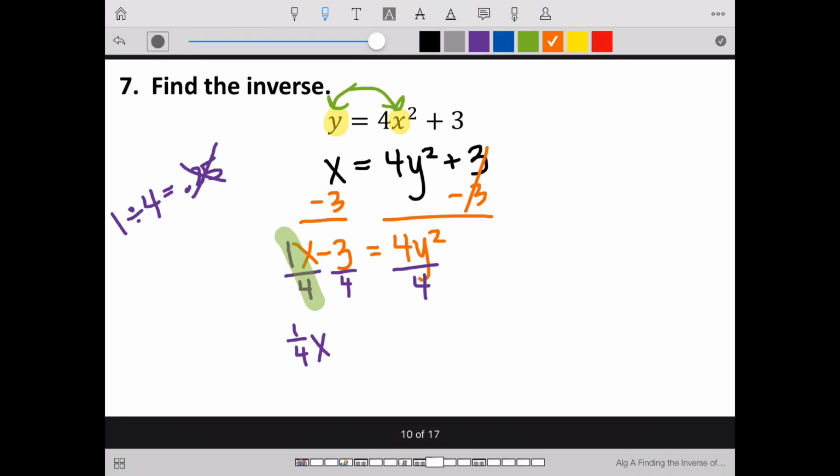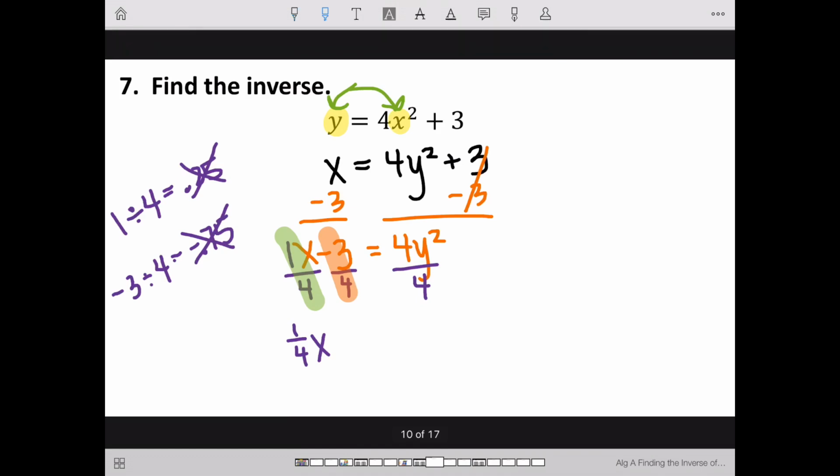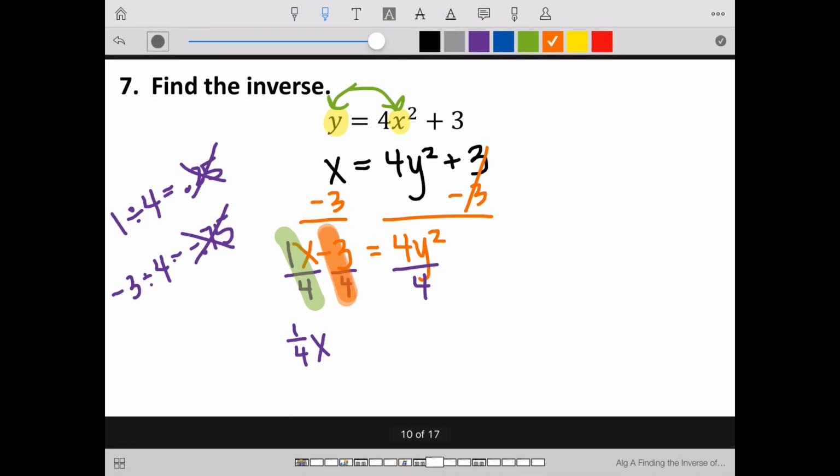Now I'm going to look at these two numbers. If I take in my calculator and do -3 divided by 4, I get -0.75. We do not want decimals. So instead, I just take these numbers and leave them the same. -3/4.